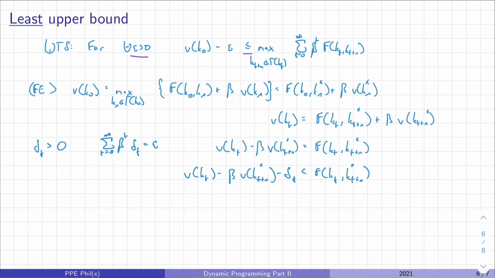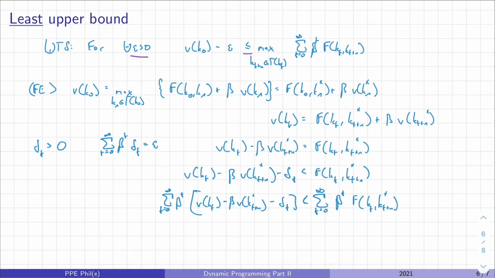That's one way to interpret the F of kt, kt plus 1 if you remember our Conger example. And we can also take the infinite sum with discounting over this. Because as you might already have seen, this then becomes the sequence problem again.